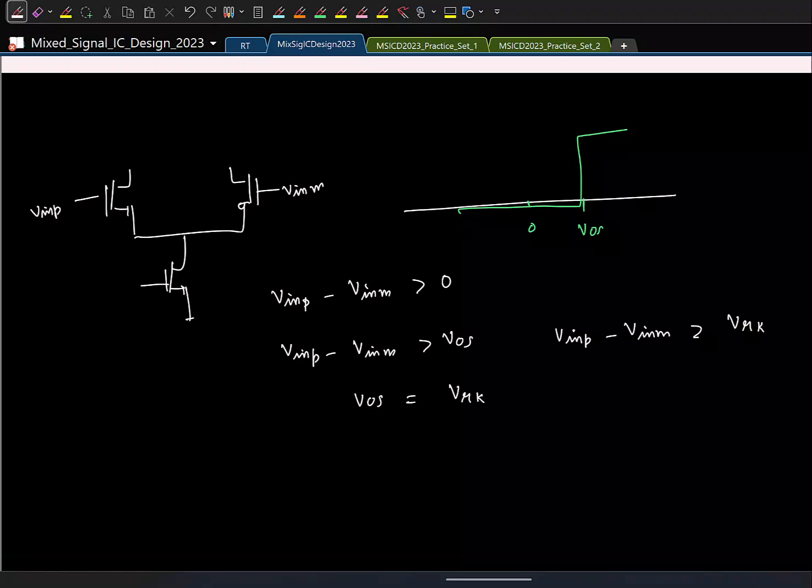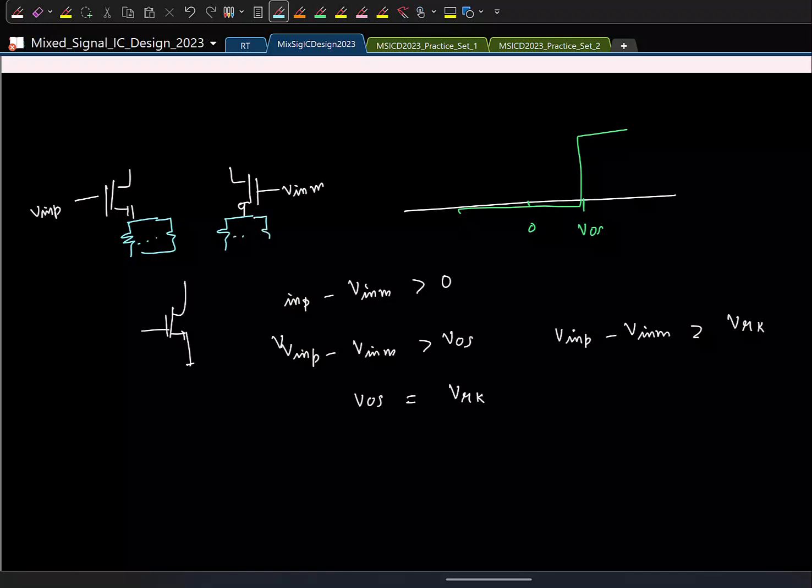Of course the inherent offset might not be good enough, so you go and introduce offset yourself. That's tougher, right? Because now we need VREF. No, you don't need VREF. That's what I'm getting at. Let's follow the thought process. We introduce offset following the same procedure that we saw: you put a bunch of resistors here, connect an appropriate number of them in parallel on either side, and that will introduce offset.